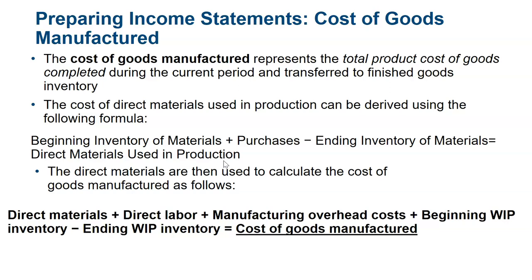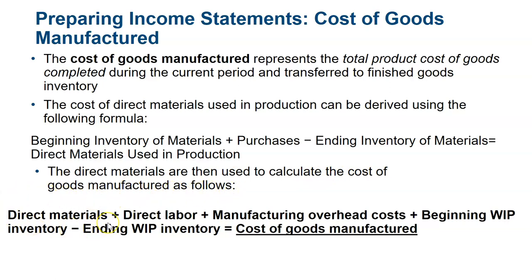So what we're saying here is that we're going to have a couple of steps to come up with cost of goods manufactured. All right, so continuing on, it says that the direct materials are then used to calculate the cost of goods manufactured as follows.